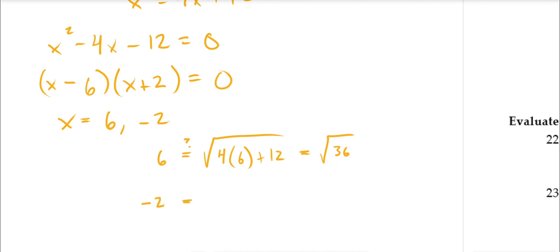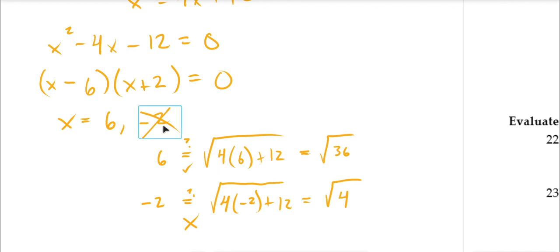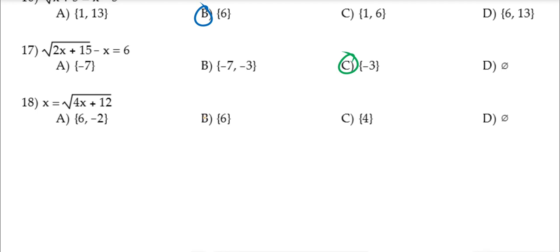Is minus 2 what I'm going to get when I plug in minus 2 into this equation? And the answer is no. This is going to give us the square root of 4, positive 4, but that's equal to positive 2, not negative 2. So this one's not going to work when we plug it in to our original equation, and that rules it out as a solution. So only 6 will be an answer here for 18.